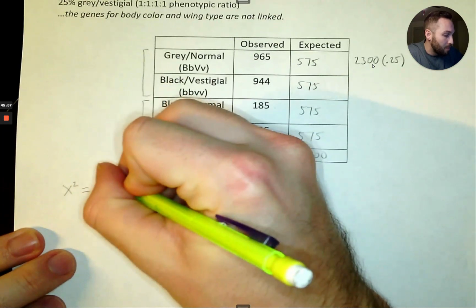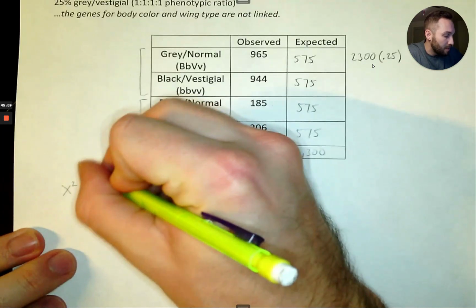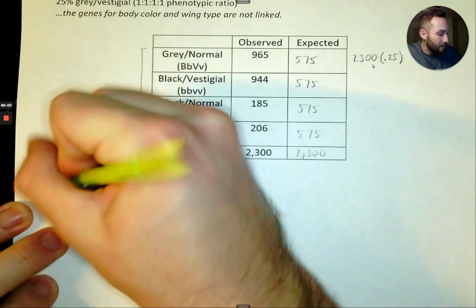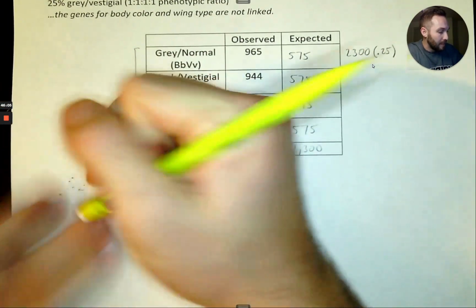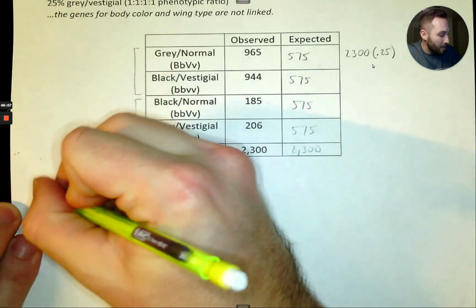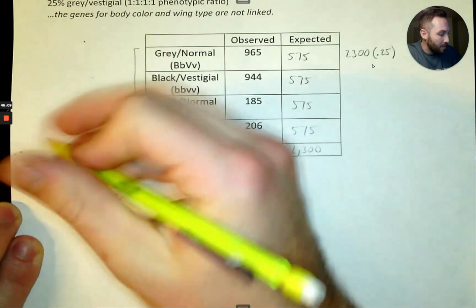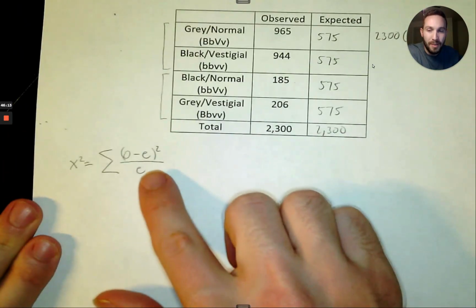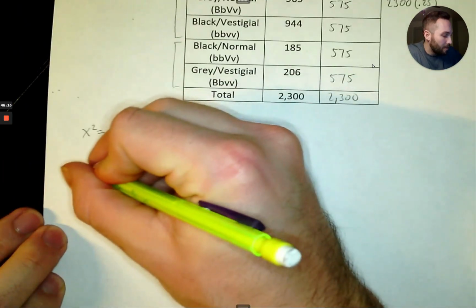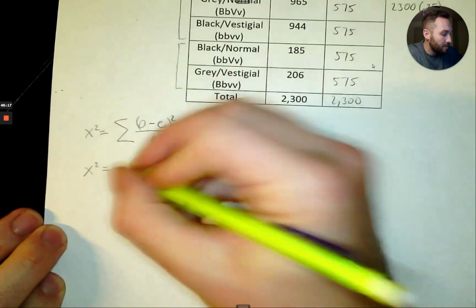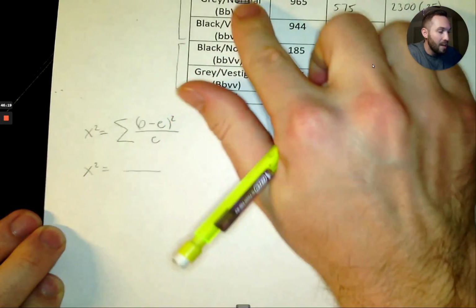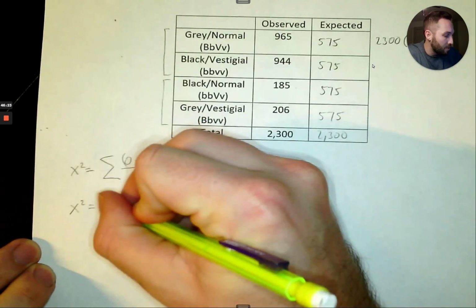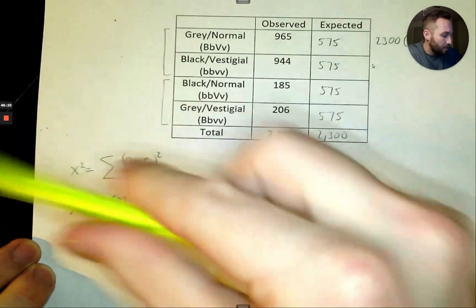You would do observed minus expected, squared, divided by the expected. And then I forgot the sigma sign. This is on your guys' formula sheet, and I put it on the notes just to remind you guys. So there's the formula. The way we plug this in, hopefully you guys know how to do this from last semester, but I'll do it real quick. So for outcome number 1, being gray with normal wings, we observed there was 965.